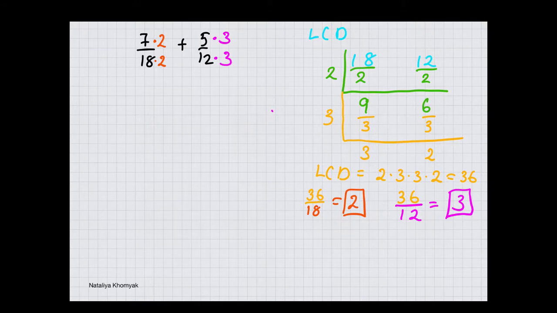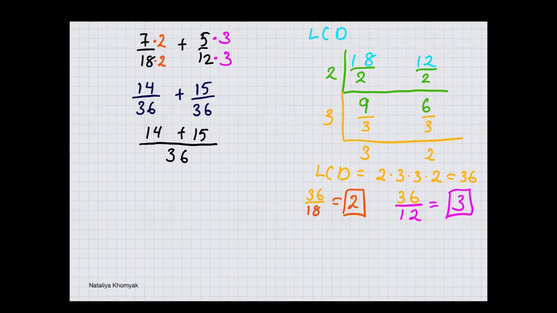Our new fractions are 7 times 2, 14, out of 18 times 2, 36, just like we wanted, plus 5 times 3, 15, out of 12 times 3, 36. On this step, you want to rewrite this whole thing out of the LCD, which is 36, and just write down all the numerators as they are.